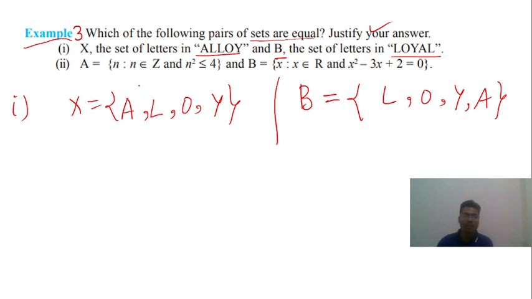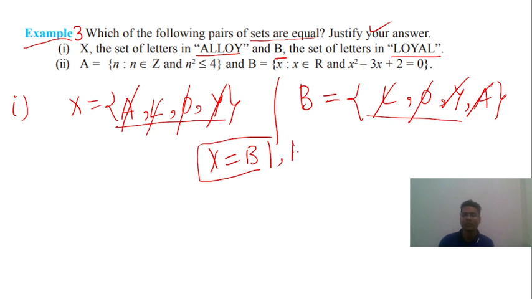So we will find that A is here, A is here, L is here, L is here, O is here, O is here, Y is here, Y is here, and both of them have only 4 elements. So since all the elements are same in this case, all the elements that are present in set X are all present in set B. So we write X is equals to B.